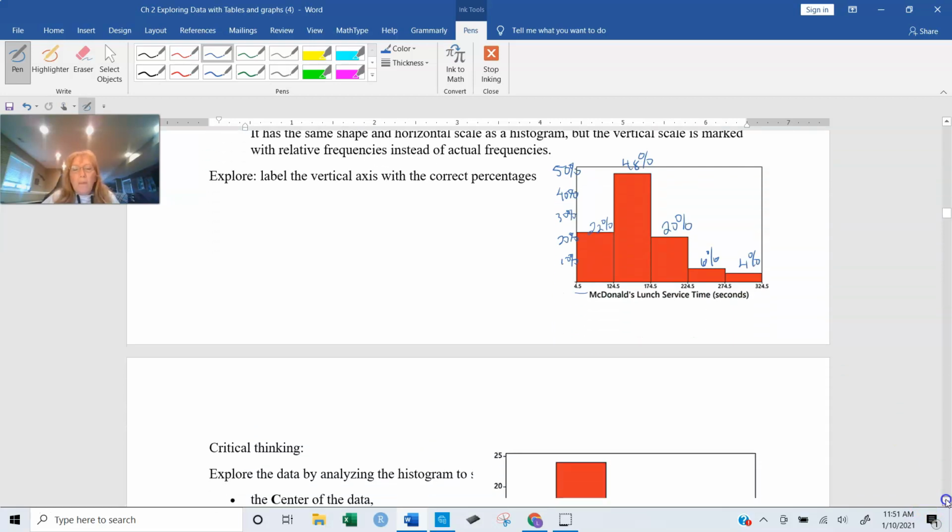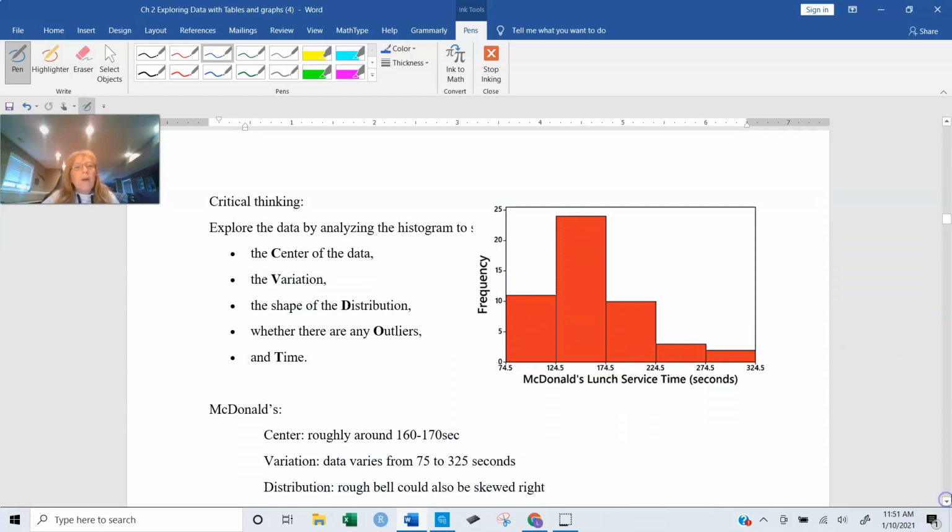So the next one is our, here we go. Oh, we've got to analyze the data, my fault. Okay, this is our frequency histogram. We look for the center of the data. So where do you think the very middle of my data would be? Since we have 50 data values, we need to find the middle, which is 25.